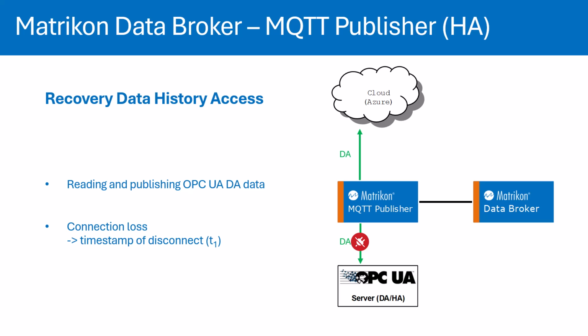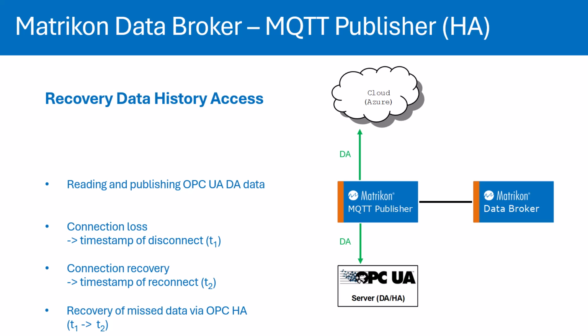After the reconnect, when the issue is fixed or the connection reestablished, the MQTT publisher will also note the second timestamp of the recovery, and then use OPC UA HA to recall the missed data from the source server and publish it to the cloud as HA data.